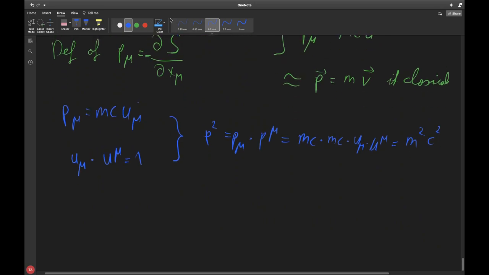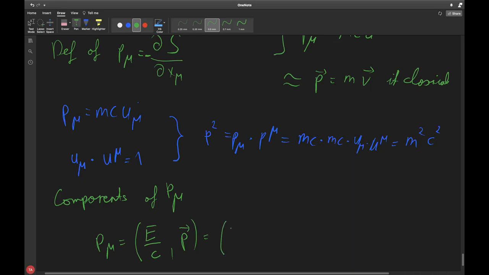We can also think about what the components of this four vector are. The p mu has the first term as the energy over c, and the rest are the p vector. I really want to write out all the four components.